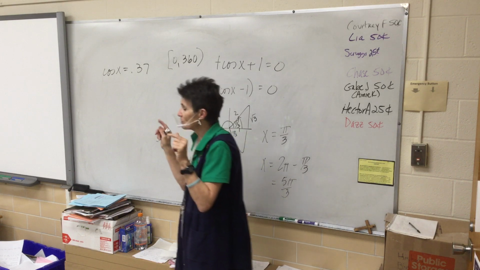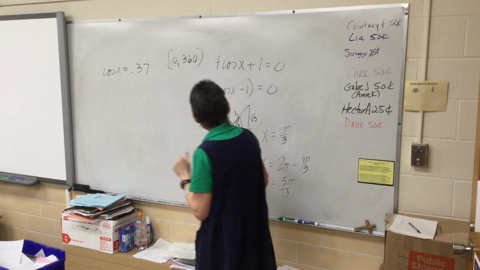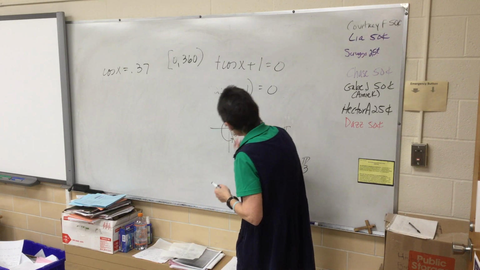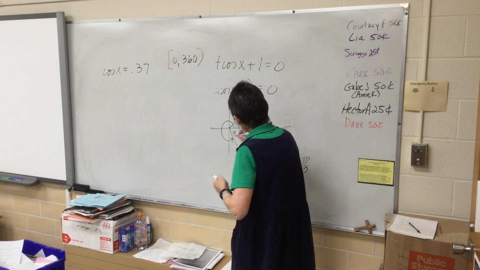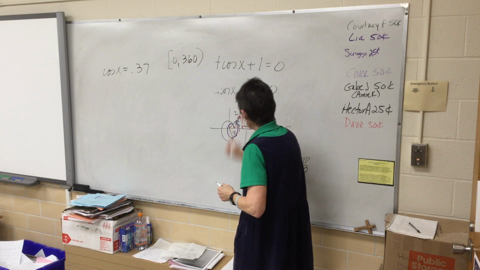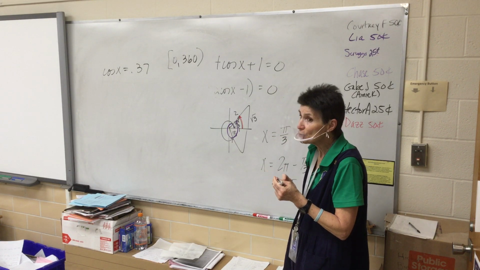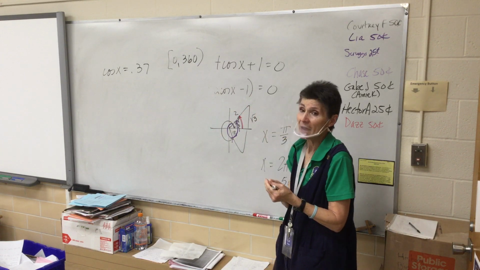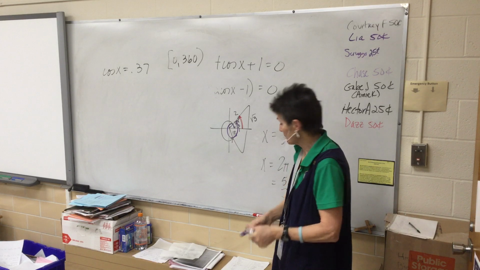But remember, we have those things called coterminal angles. So if this red angle right here is an answer, which it is, wouldn't this purple angle also be an answer? Now, I didn't use it because it's not one time around. But now that I'm finding all the solutions, I'm going to have to keep that in mind.